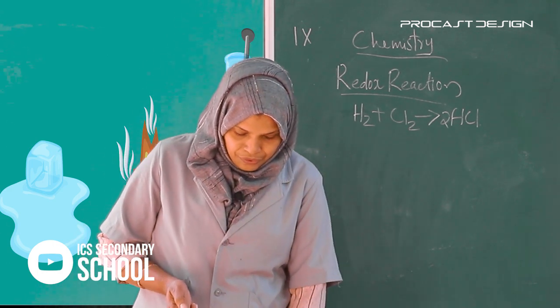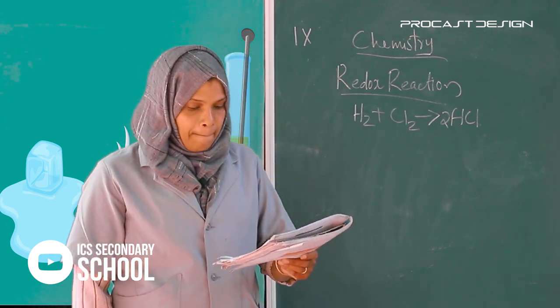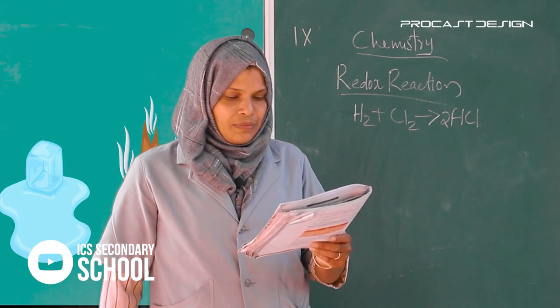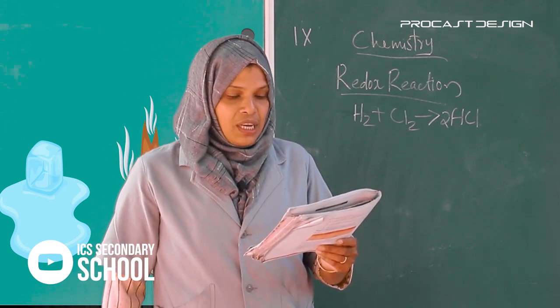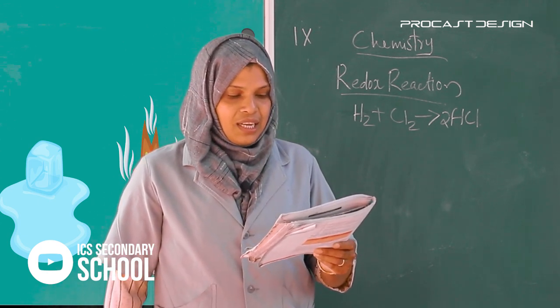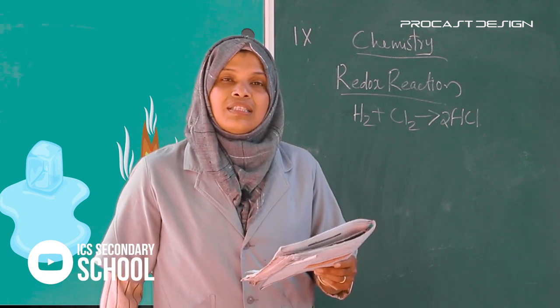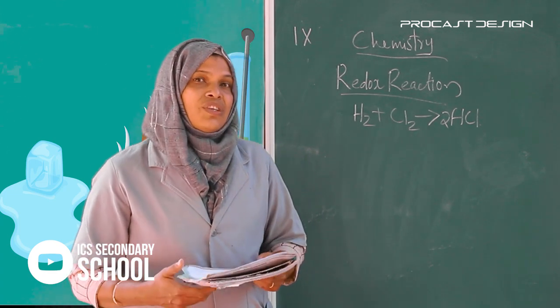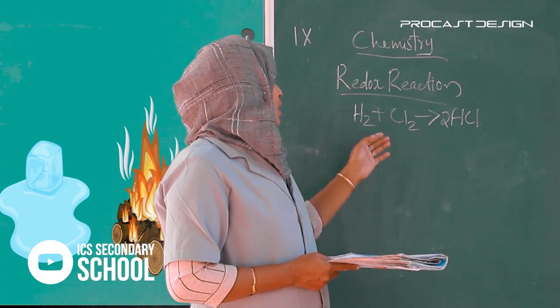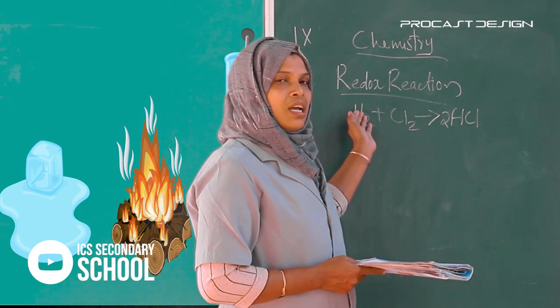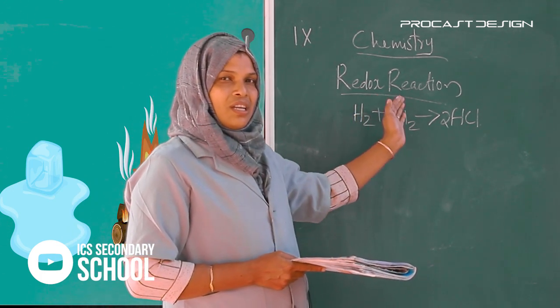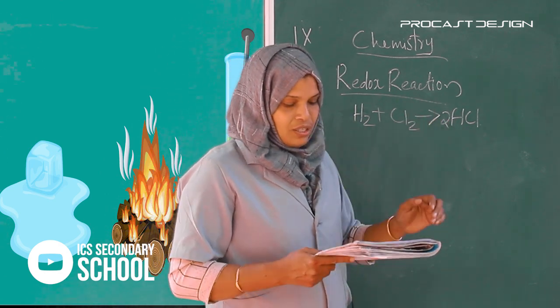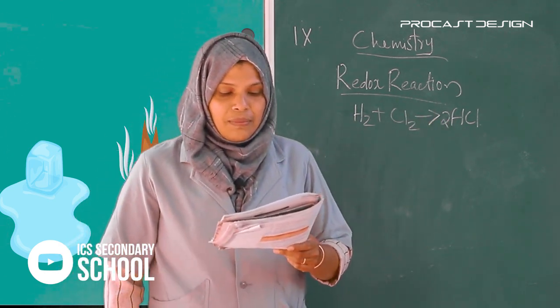Here is a question for you in your textbook. First question, H2 plus Cl2 gives 2 HCl. Which atom is oxidized in this reaction? Here hydrogen undergoes oxidation and chlorine undergoes reduction. So, which atom is oxidized?